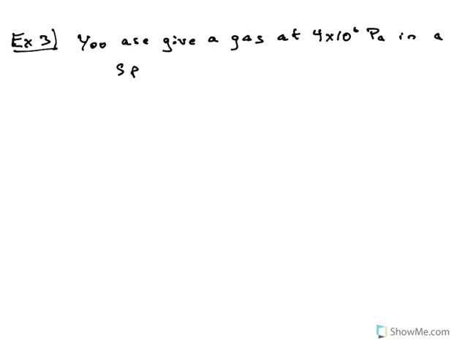Example 3. You are given a gas at 4 times 10 to the 6th pascals in a spherical container whose radius is 20 centimeters.